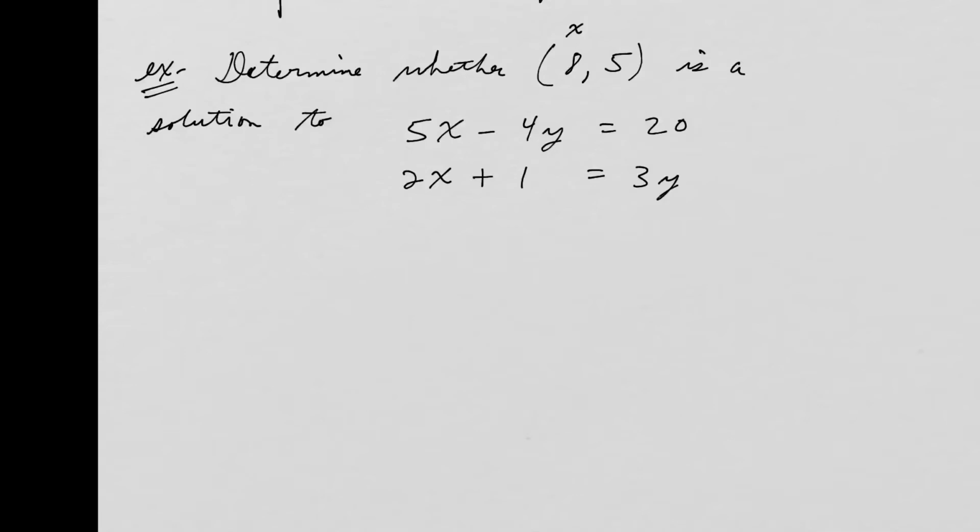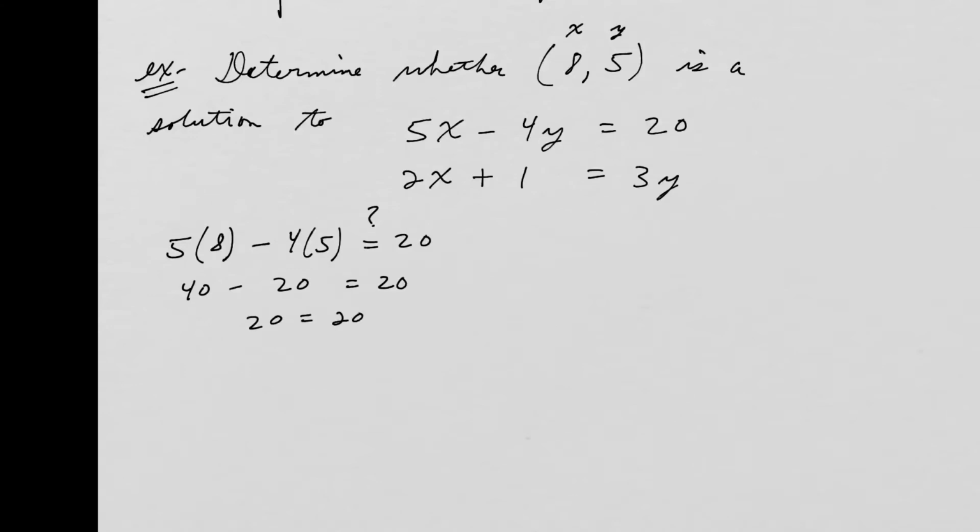So remember, this is always x, y, right? So in the first equation, I have 5 times 8 minus 4 times 5. And I'll put a question mark here. Does that equal 20? Well, 5 times 8 is 40, right? Minus 20 equals 20. Yep, 20 is equal to 20. Right, left-hand side is 20, right-hand side is 20. So that checks. Then if I try the second one, I have 2 times 8 plus 1 equals 3 times 5.